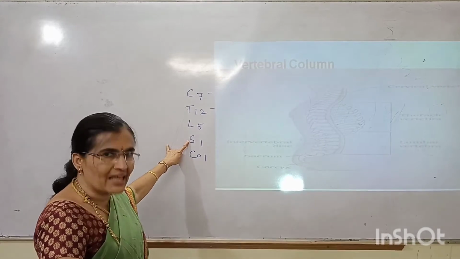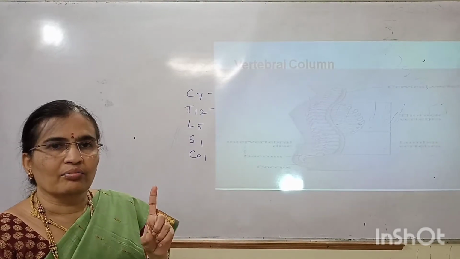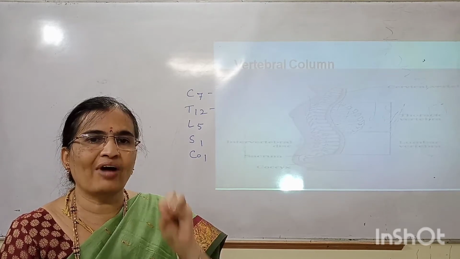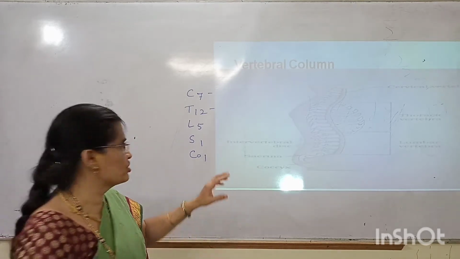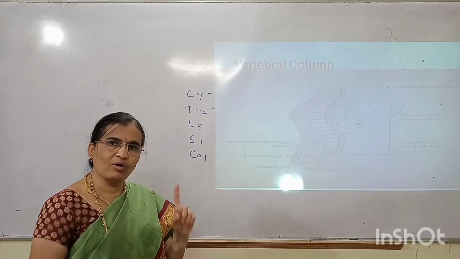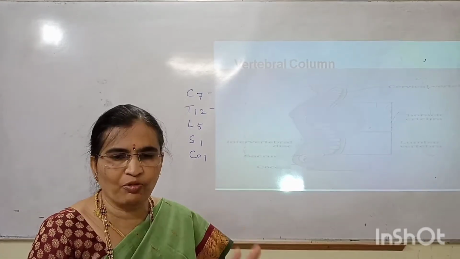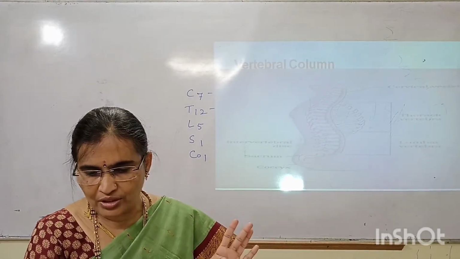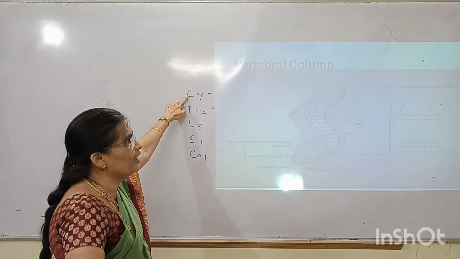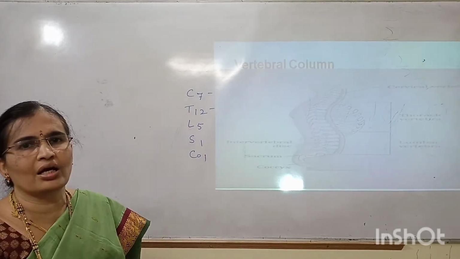Then sacral and coccyx. Sacral is single in number, but it is fused from 5 bones. Coccyx is again 1 in number but it is formed by fusion of 4 bones. This is regarding the vertebral column, and the cervical vertebrae are almost the same in all vertebrates.